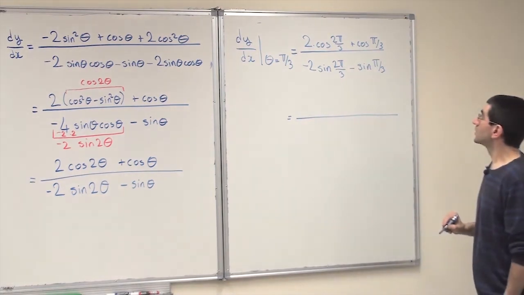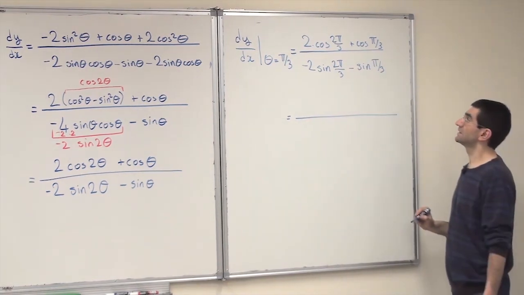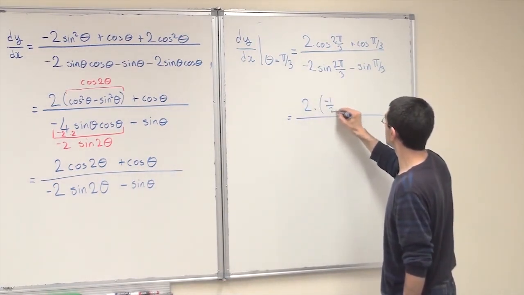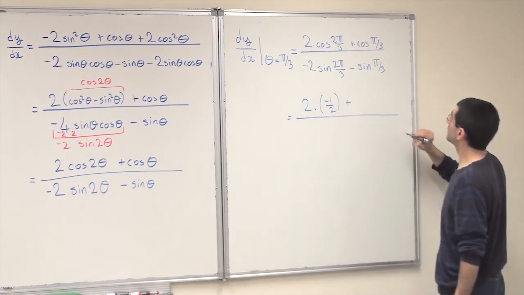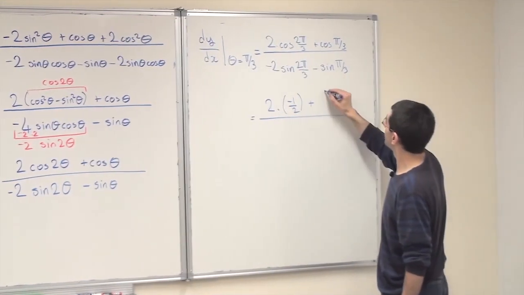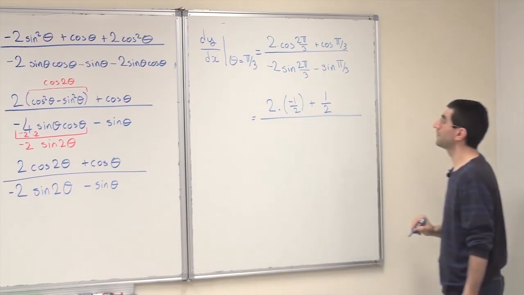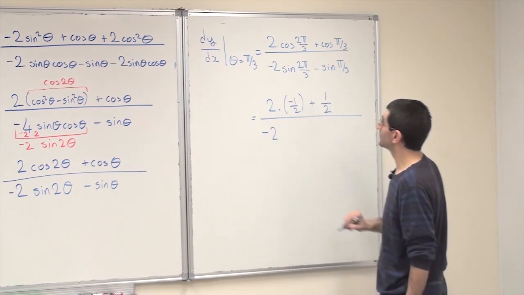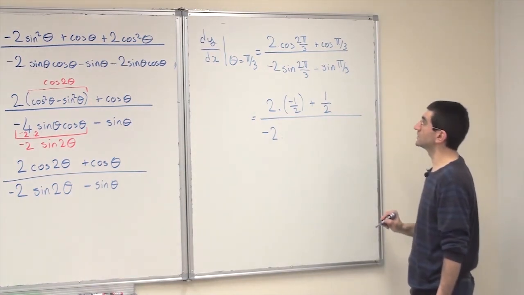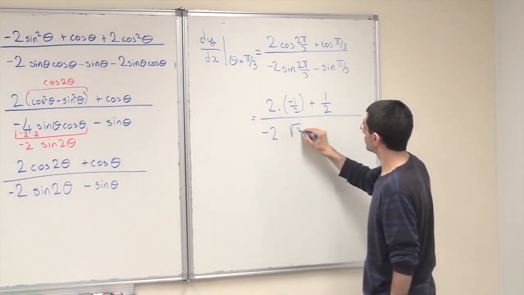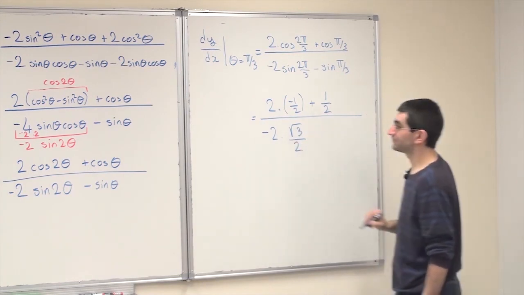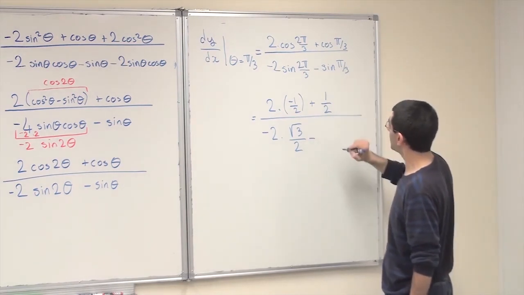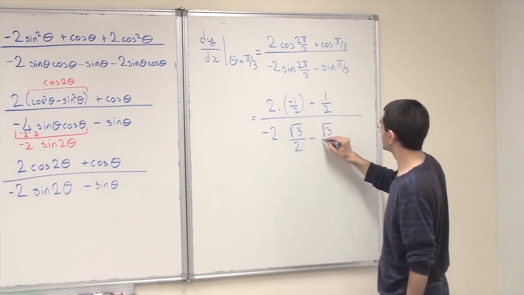So cosine 2 pi over 3 is negative 1 over 2, so 2 times negative 1 over 2. Cosine at pi over 3 is 1 over 2. In the denominator, we have negative 2 times sine 2 pi over 3, which is square root of 3 over 2. And sine pi over 3 is also square root of 3 over 2.